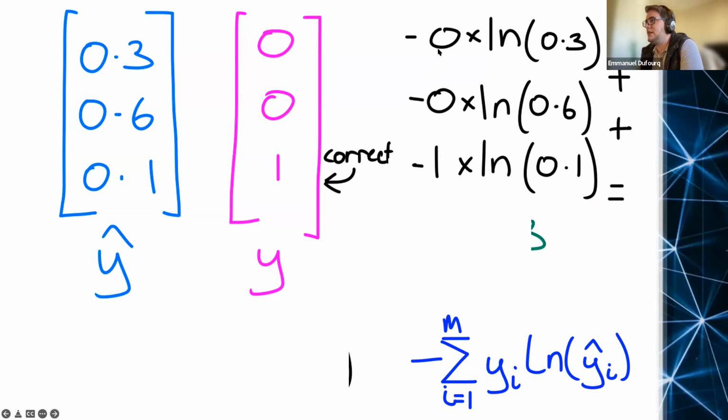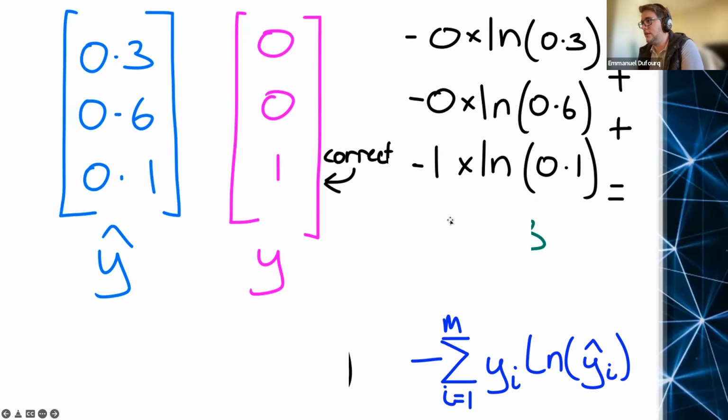Now, 0 multiplied by something is equal to 0. So the only part that we really need to focus on is this one, where we say 1 times the natural log of 0.1, and there's a negative sign in front. So our calculation becomes minus 1 times the natural log of 0.1.